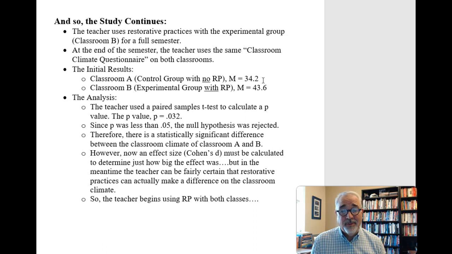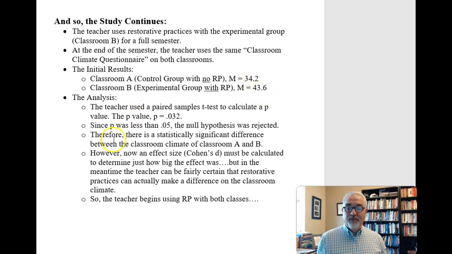That's about the same as it was in the beginning. Classroom B, however, the experimental group with the restorative practices, had a mean of 43.6. Higher. And there is a difference there. But do we know if there really is a statistically significant difference?